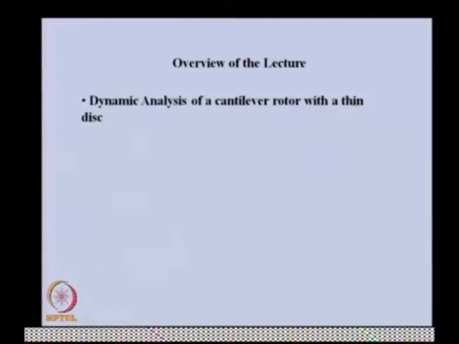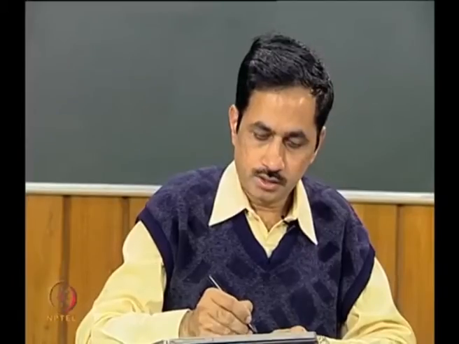In this particular case we will start with, let us say, a disc like this. This is the axis about which it is spinning in the positive direction, that is the z axis.